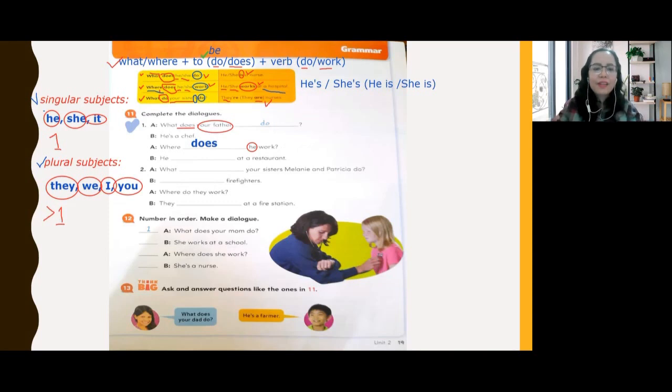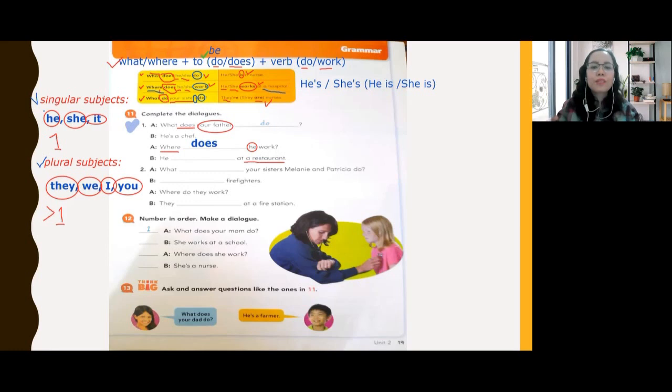And the answer, he blank at a restaurant. So since the question word we are using here is where, it needs a name of a place, right? Behind the incomplete sentence, there is a name of a place that is a restaurant.